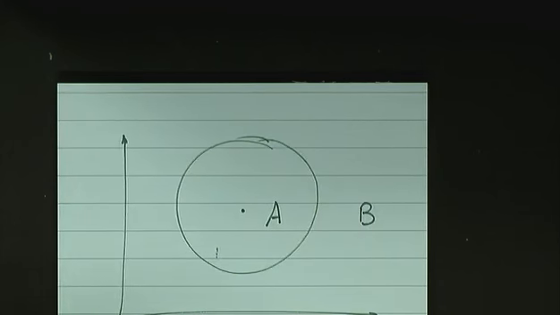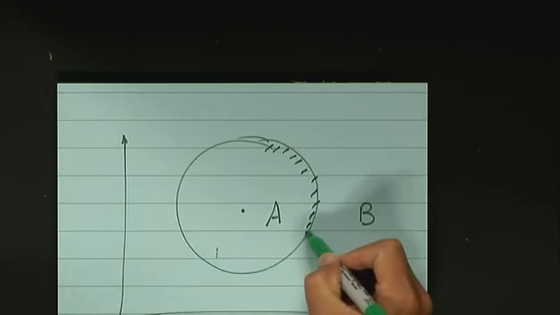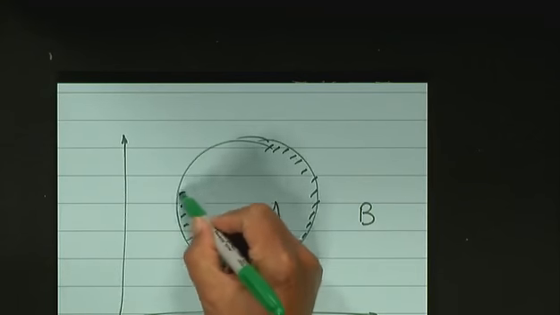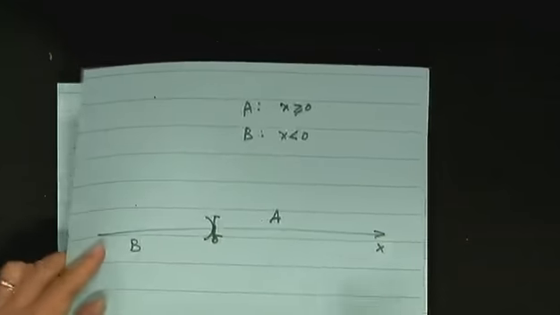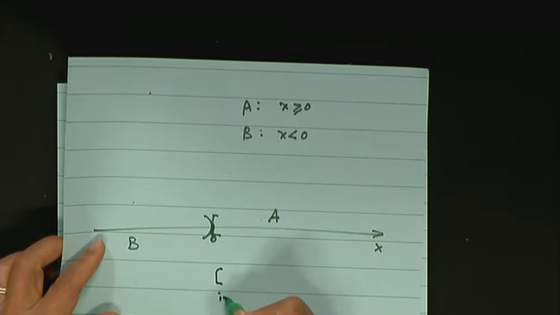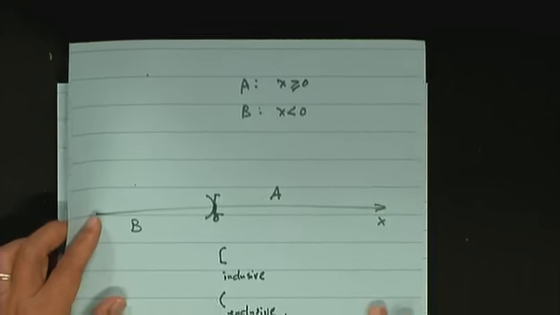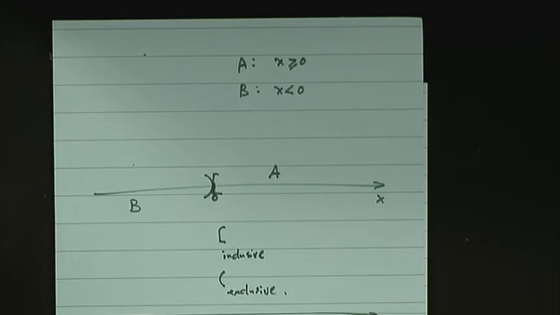In this case, you have to decide about everything on the boundary: does it belong to A or B? If it belongs to A, then I can shade it on this side, so everything inside belongs to A. I can shade it some way to indicate which side it belongs to, kind of like using the square bracket to be inclusive and the round bracket to be exclusive. So I can shade them. I can adopt a convention.